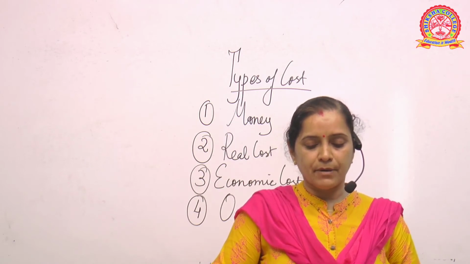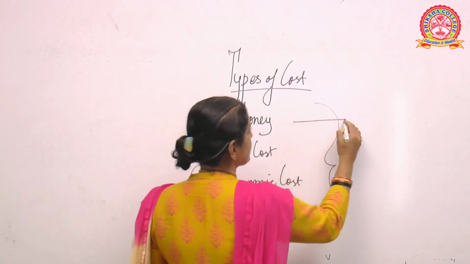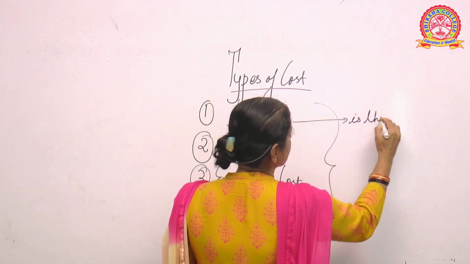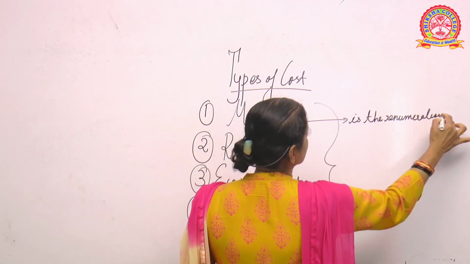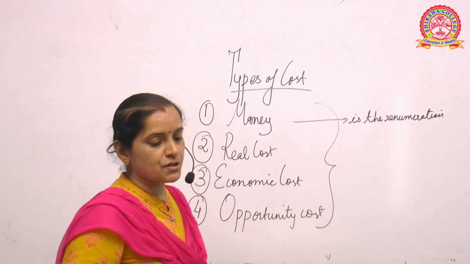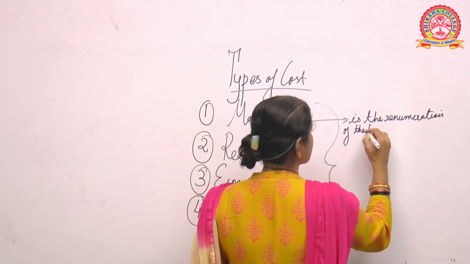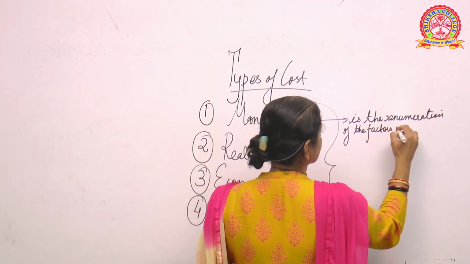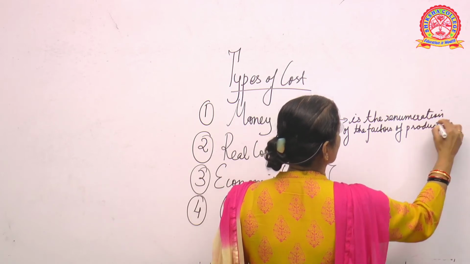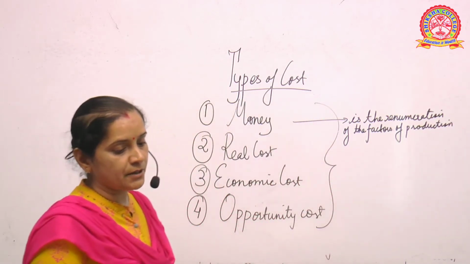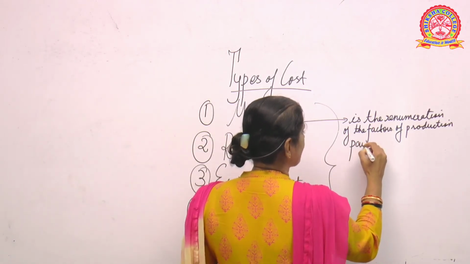Just write it down: it is the remuneration of the factors of production paid in the form of money.